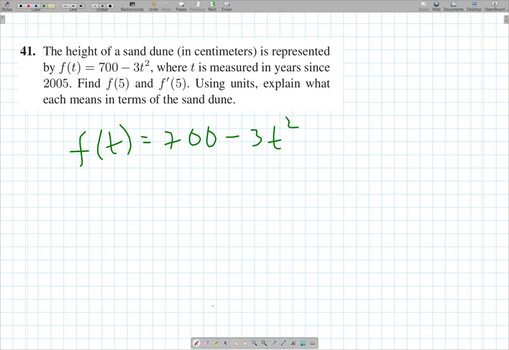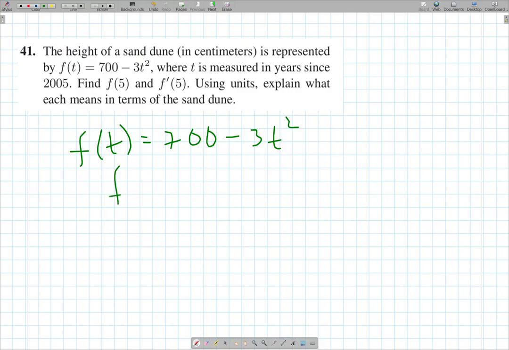If you look at the equation, what do you mean by f? Ano ang ibig sabihin ng f dito, class? Ang ibig sabihin ng f, that is actually the height of a sand dune. Ang sinabi sa problem, ang f natin is the height of the sand dune.